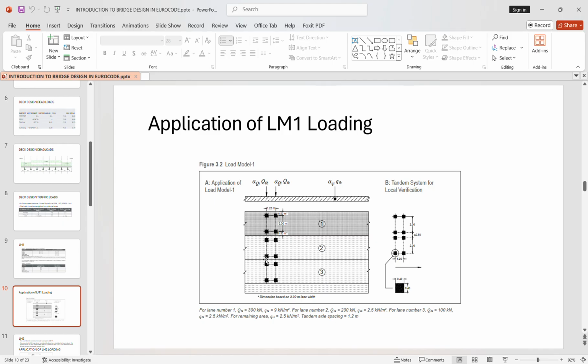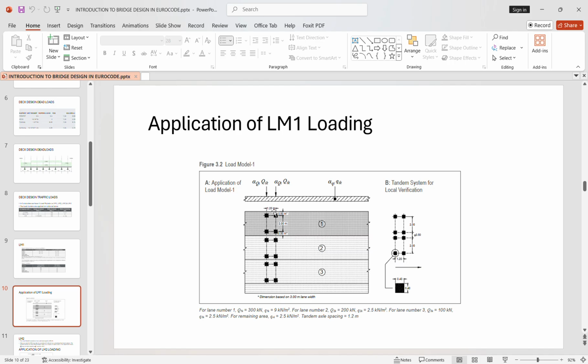So this is another axial load, this is another axial load, this is another axial load. These are just representative vehicles that are moving in this direction or this direction along the lane.